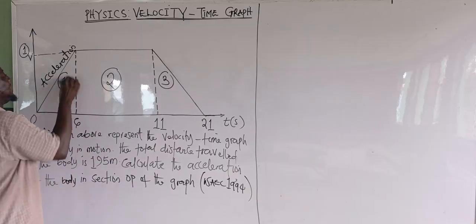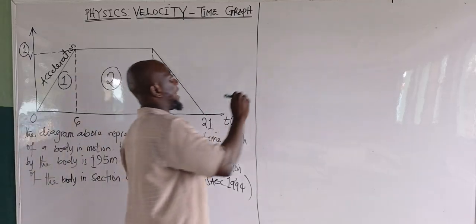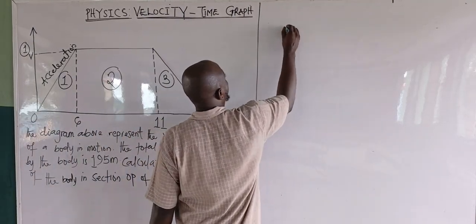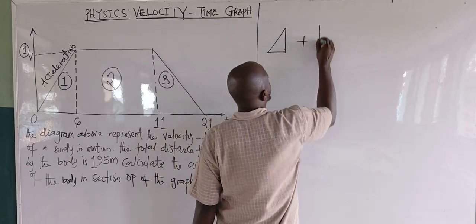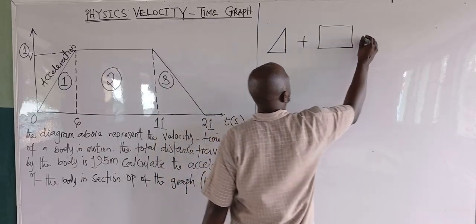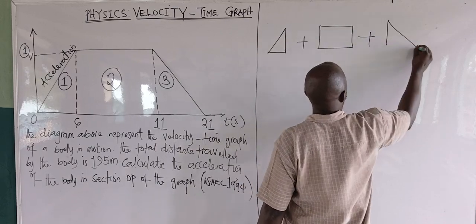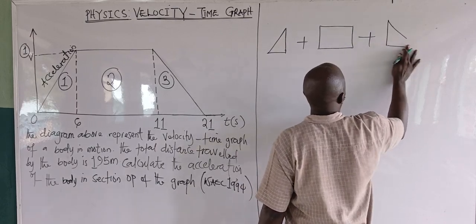For the first diagram, you can break it if you like. So this is it, plus the second is this one, a rectangle, plus the next one is this one.